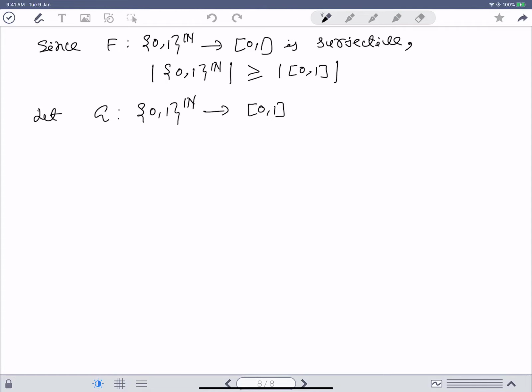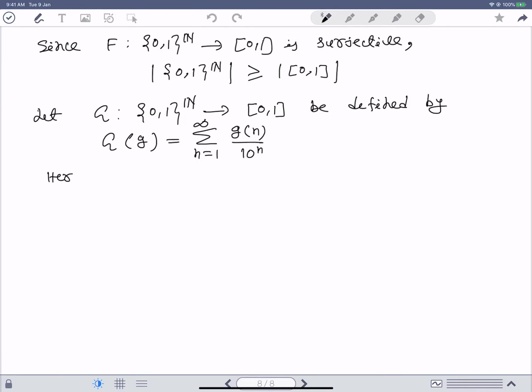Okay, in this way g should be defined by g equal to the summation n equal to 1 to infinity of g(n) by 10 to the power n. Now observe that if g1 is not equal to g2, that implies their images should be different, right?